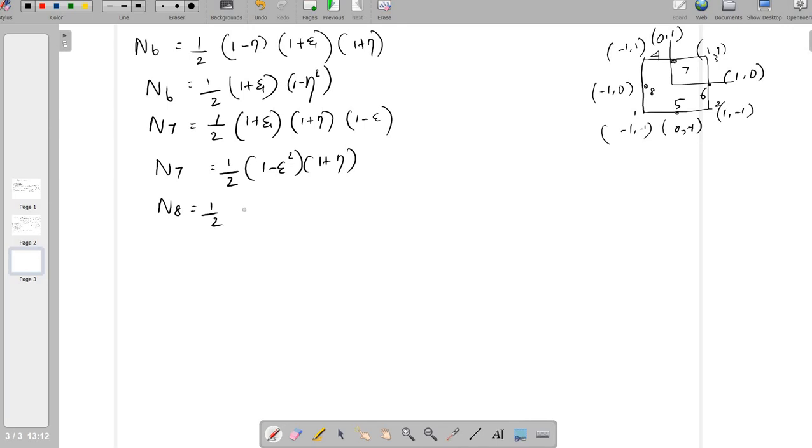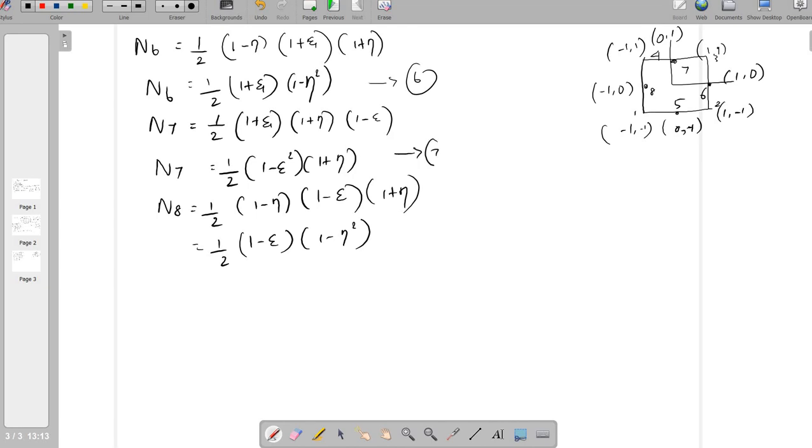N8 is half into, considering all 3 other sides: eta equal to 1, so 1 minus eta; this side epsilon equal to 1, so 1 minus epsilon; this side eta equal to minus 1, so 1 plus eta. Simplifying, half into 1 minus epsilon, 1 minus eta square. So we have equations number 6, 7 and 8.